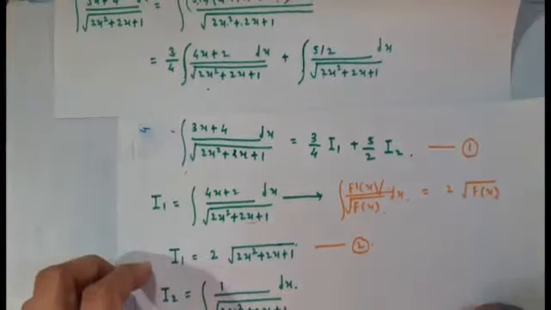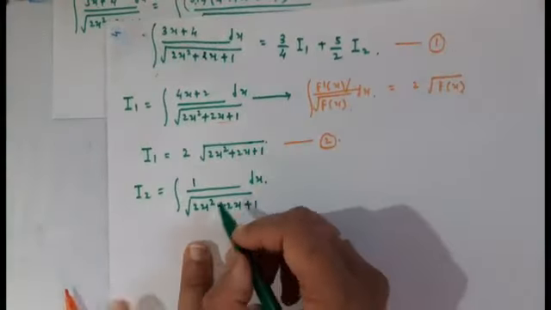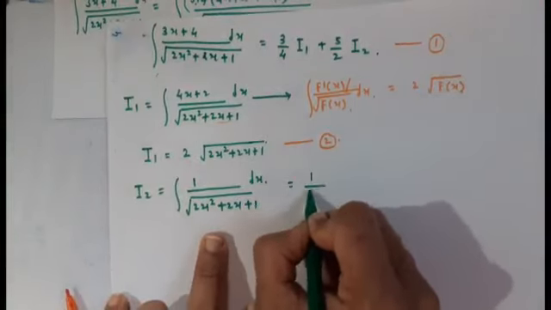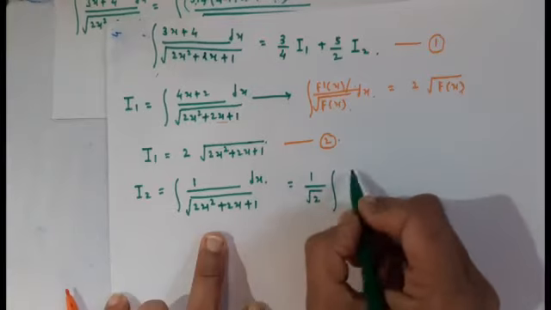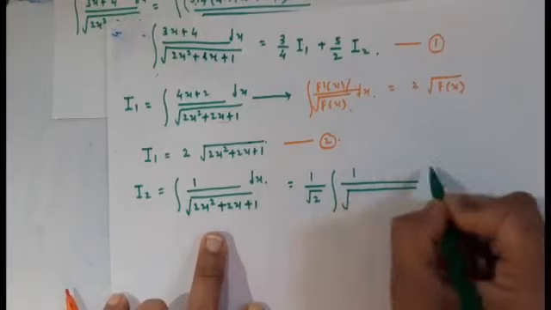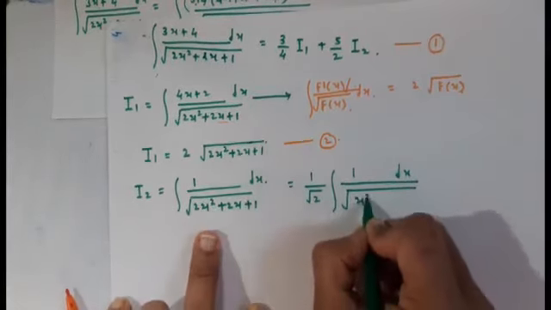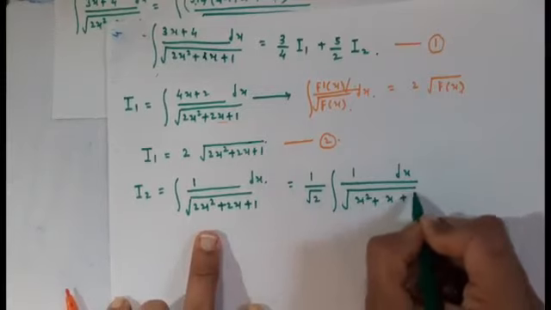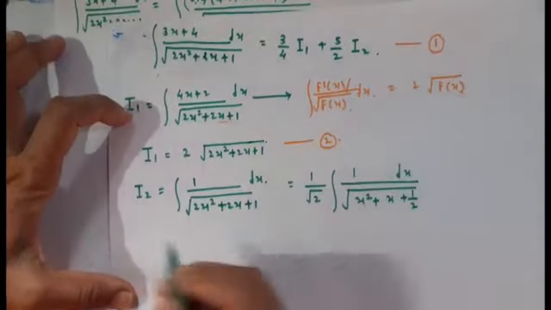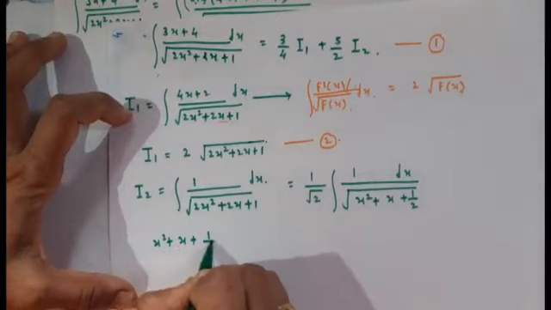To simplify it, let us divide by 2, that means 1 upon square root of 2, because in the denominator there is the square root term. That's why divide by 2: 2x square upon 2 is x square, so x square plus x plus 1 by 2 in the square root.